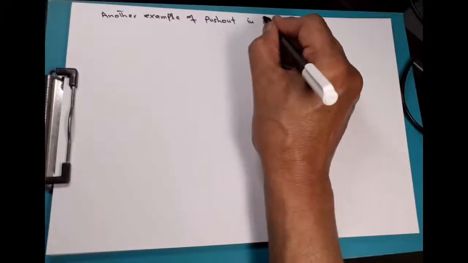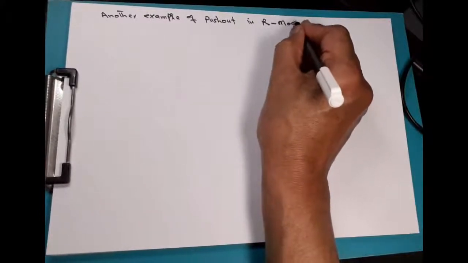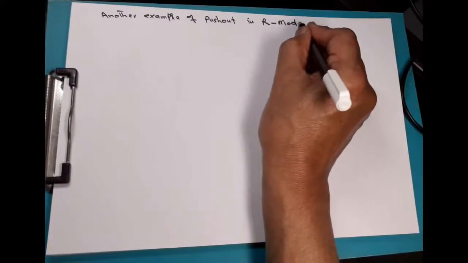So for this example, let us consider a left R module M.